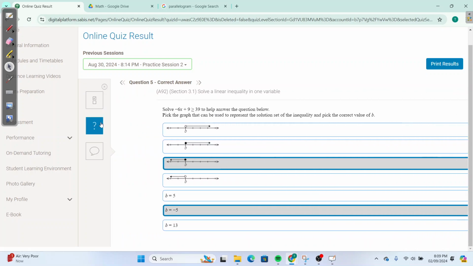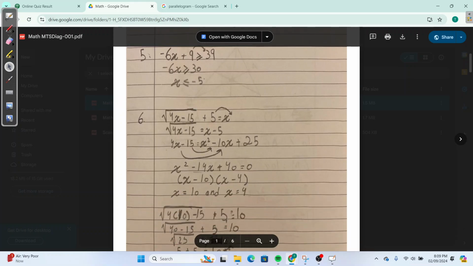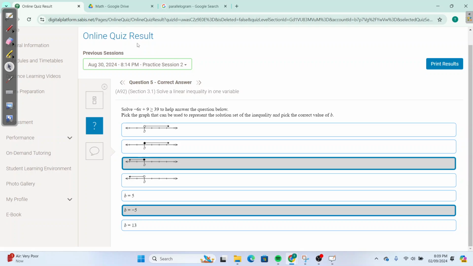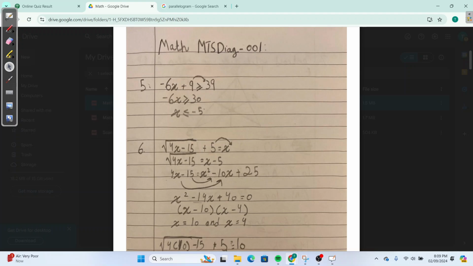Question 5. This is where we start properly solving. So I'll go to the solutions here. We start off with question 5. Negative 6x plus 9 is greater than or equal to 39. Now you take the 9 to the other side. You subtract because the sign changes. Obviously, negative 6x is greater than or equal to 30. And you divide by negative 6.